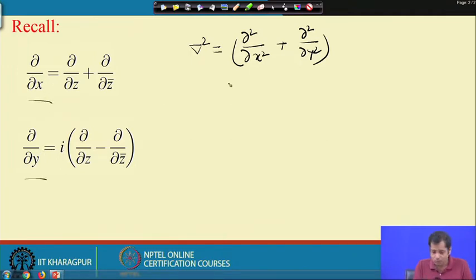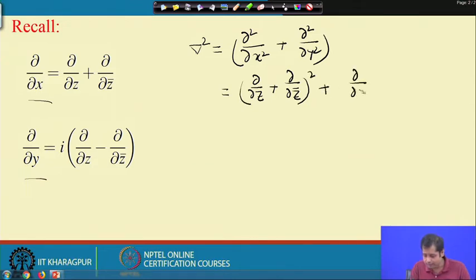Now, del x, what is it? If we substitute del x from this expression, we have del z plus del z bar, and then square, plus del z. You recall we discussed that though z bar is essentially the conjugate of z, here we treat z and z bar as independent variables.